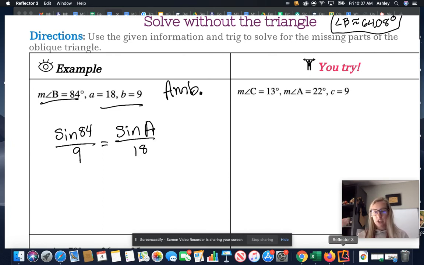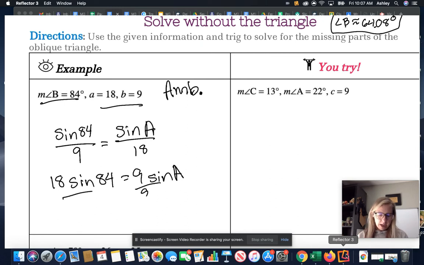All right, so now we're going to just solve like we did in the last several problems. We're going to do 18 times the sine of 84 is equal to 9 times the sine of A. We're then going to divide by 9 on both sides. So we get 18 times the sine of 84, which is 17.9 something.